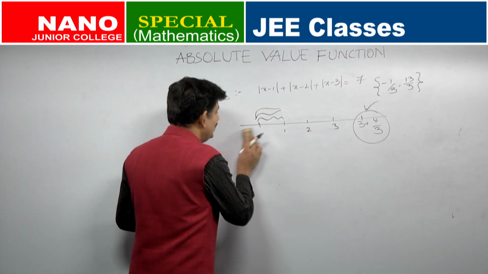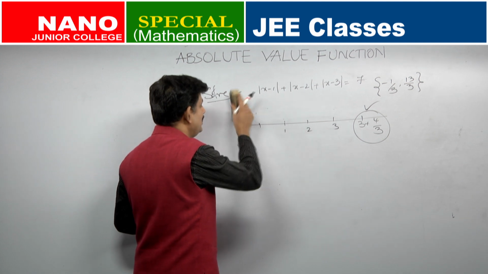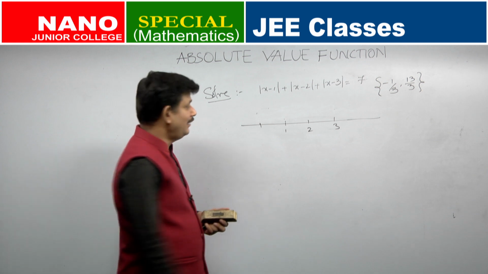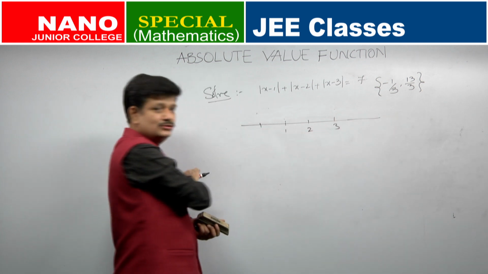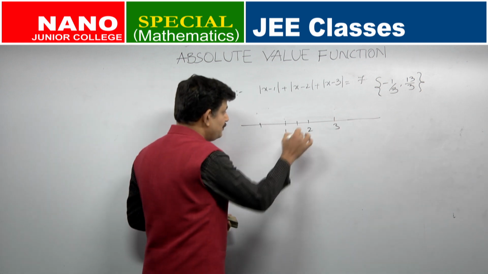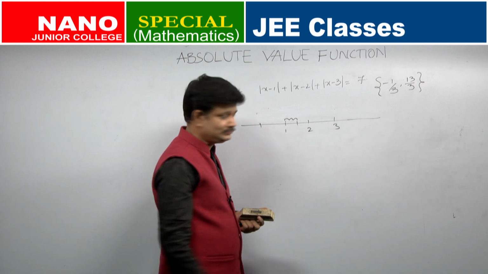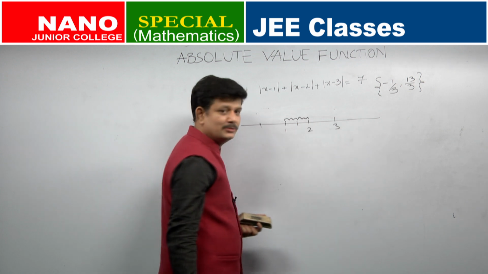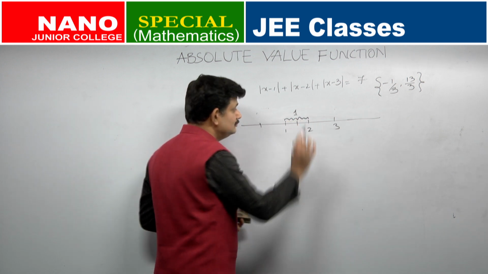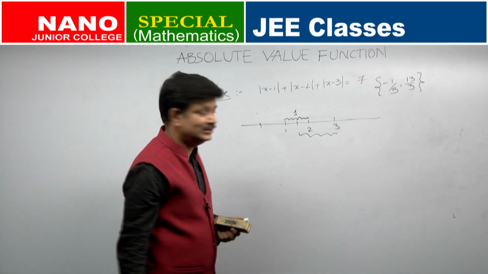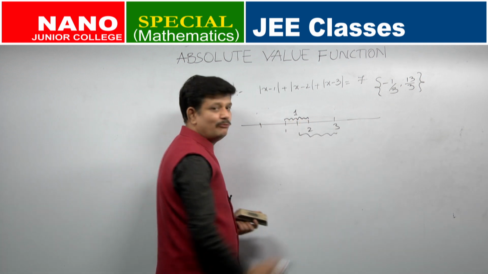So, let me see if I can get any point in between 1 and 3. I found a solution after 3, and I found a solution before 1. Let me take any point in between. I want this distance plus this distance, which is how much? 1, plus this distance to be how much? 7. So, this plus this is 1.